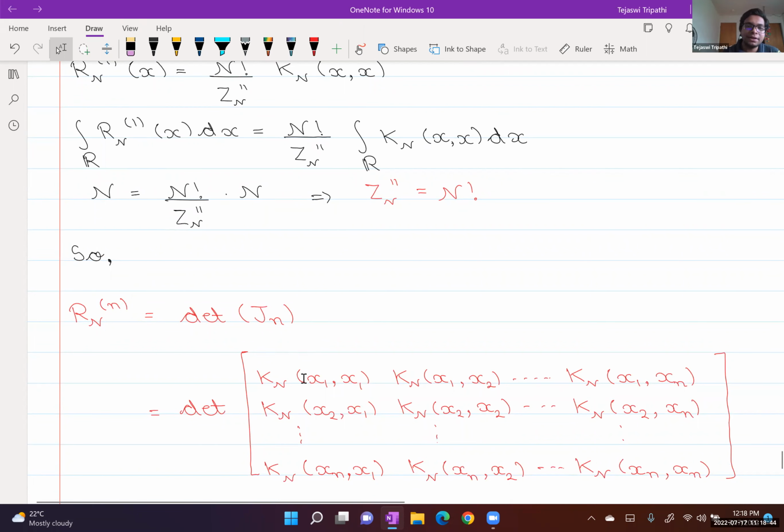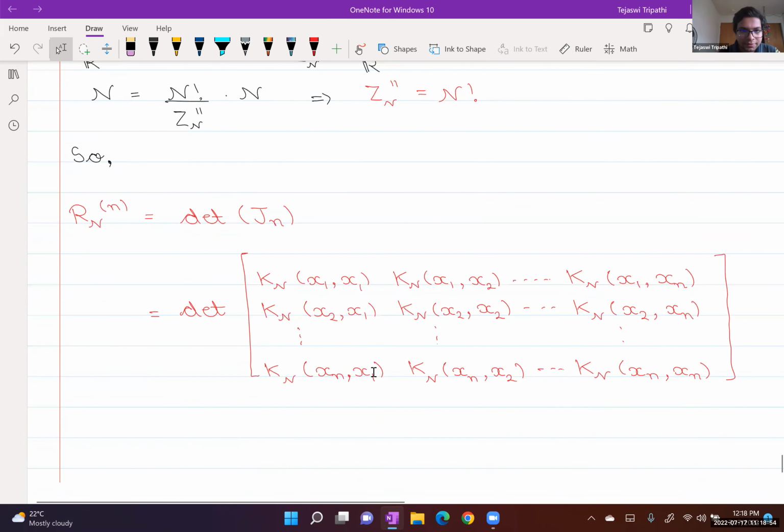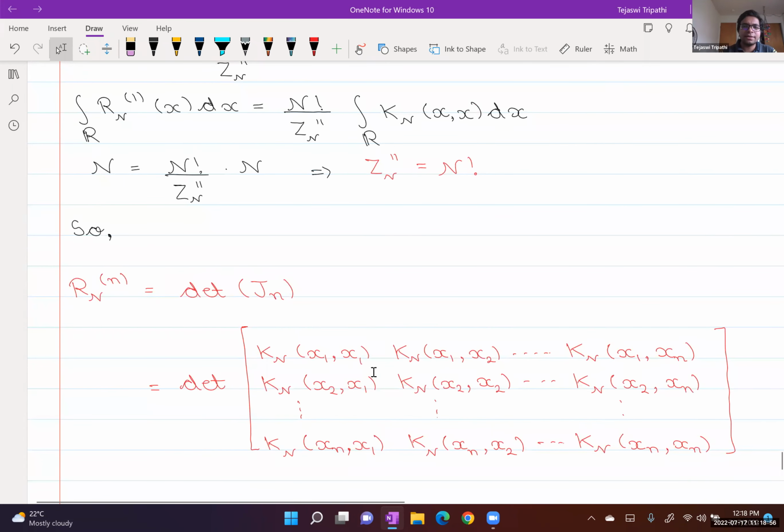So it is the determinant of Kn(xi, xj). I wanted to write this right after before, but it doesn't seem I can write. So let me say it in words. What we have shown is that correlation functions can be written as the determinant of some function of xi, xj.